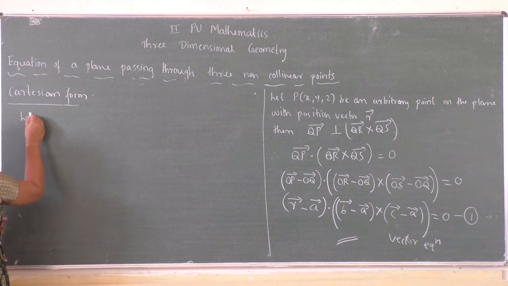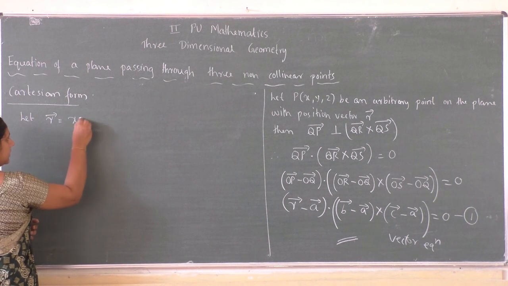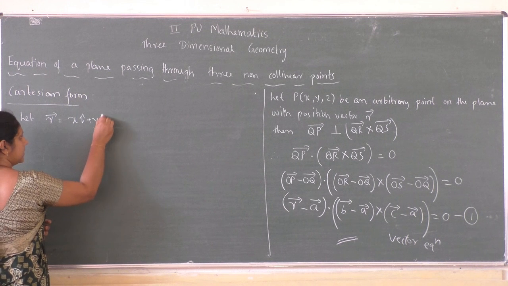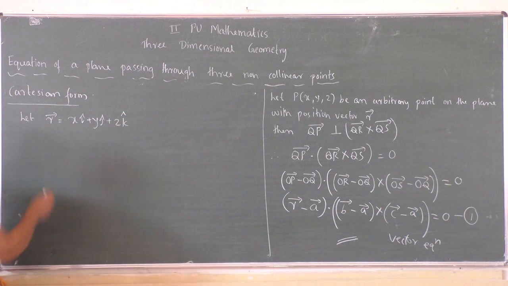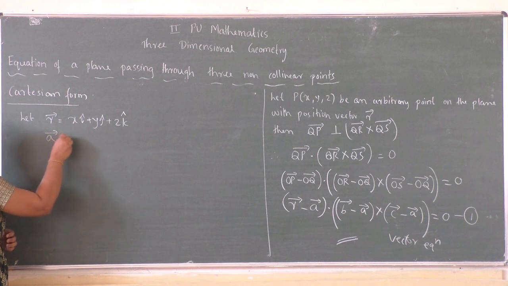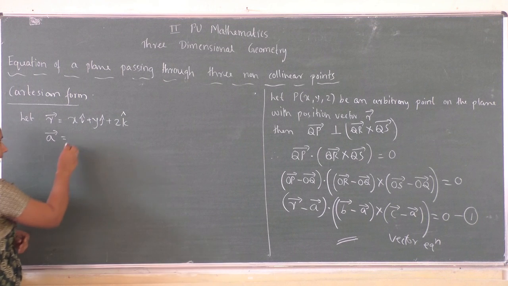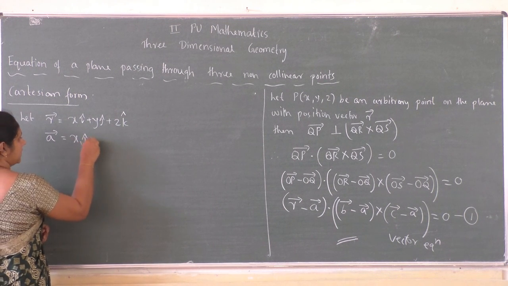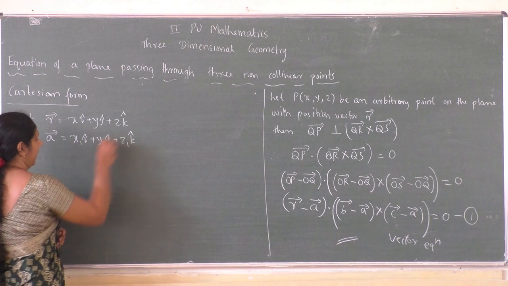Therefore R vector is xi cap plus yj cap plus zk cap. A vector is the position vector of point Q, whose coordinates are x1, y1, z1. So vector A is x1i cap plus y1j cap plus z1k cap.